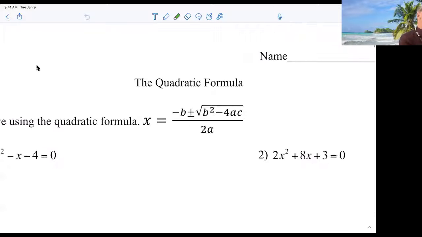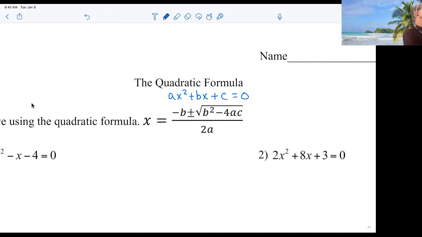All right. Now, what do a, b, and c stand for? A, B, and C stand for the general form for a quadratic, which is ax squared plus bx plus c equals 0.